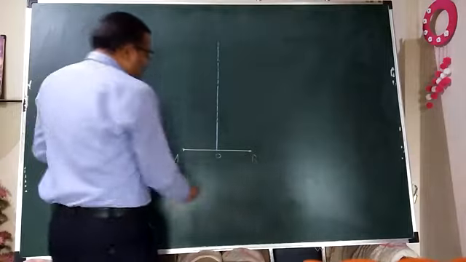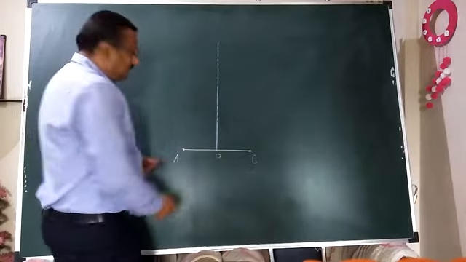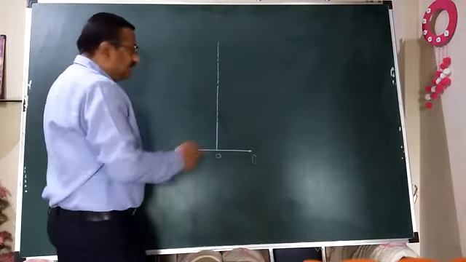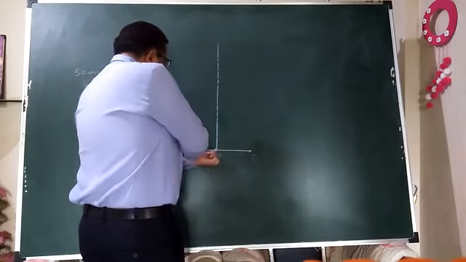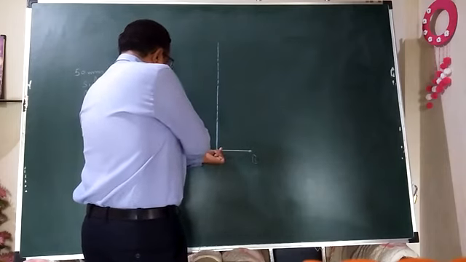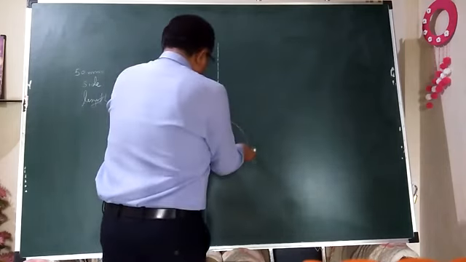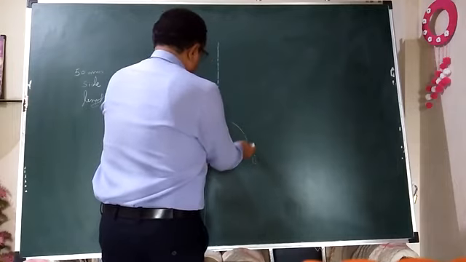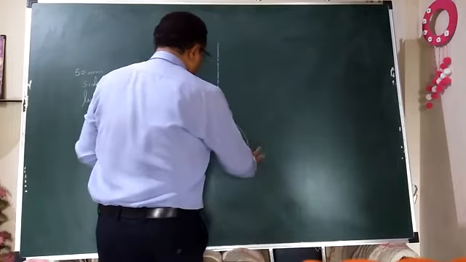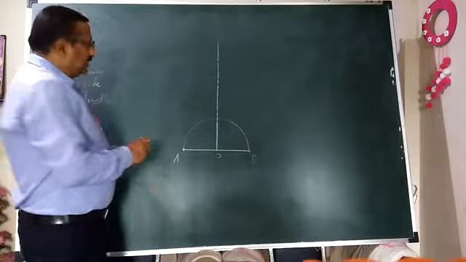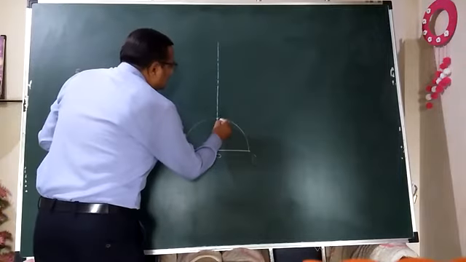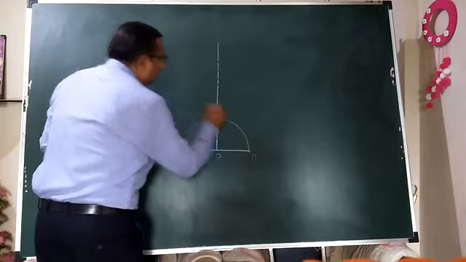So initially, O as a center and OA or OB as a radius, we have to construct one semicircle. Okay, so this point you name it as point number 4.